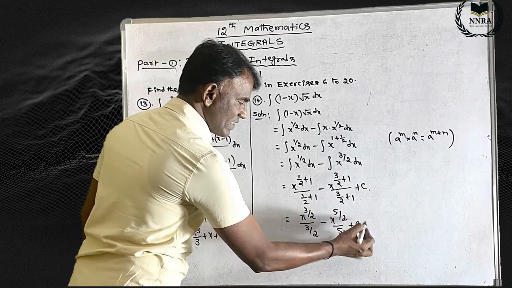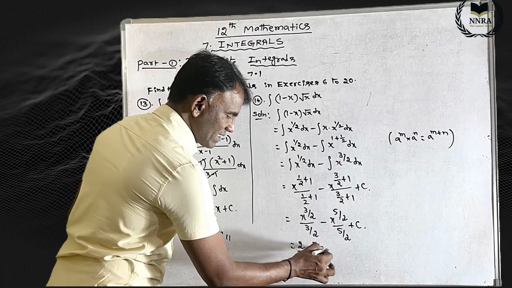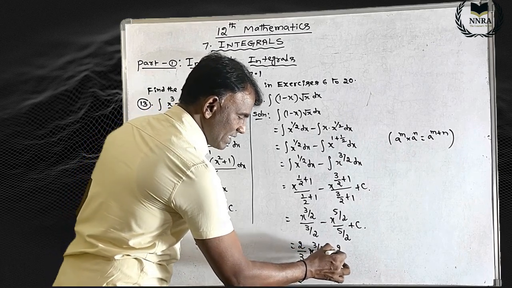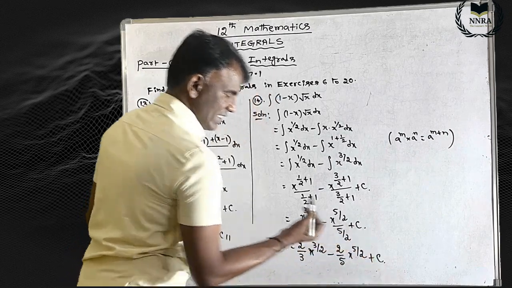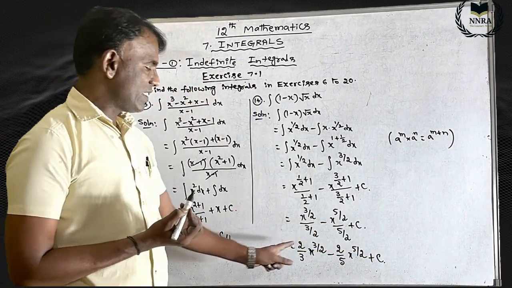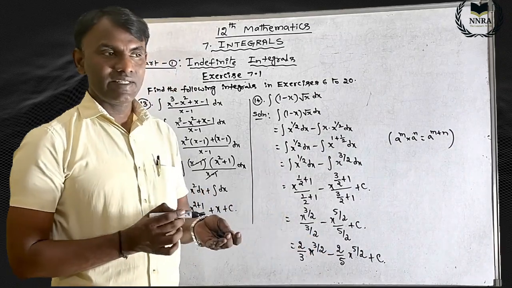Then constant c. So this can be written as 2 by 3 x power 3 by 2, right? And minus 2 by 5 x power 5 by 2 plus constant here. If you want to write one more step, just take 2 common, then 2 into 1 by 3, here 1 by 5, that is the answer.